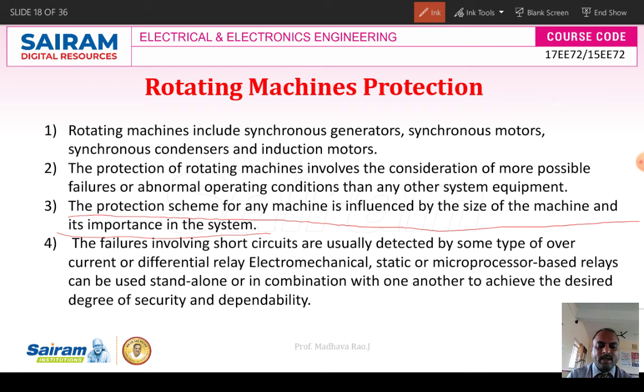A backup protection is required for every large equipment in the power system. If the primary relay fails, then the secondary relay, that is the backup relay, should operate and isolate the faults.